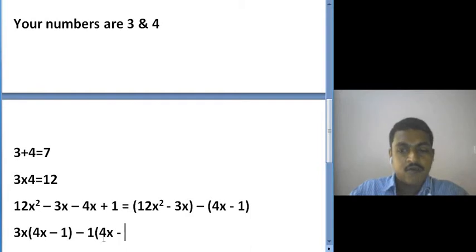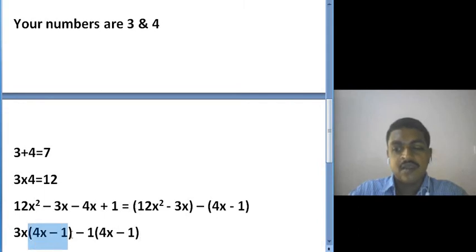Then the 1 inside the bracket here is divided by the 1 outside the bracket. So you get 1. So far you have got your answer to be 3x times 4x minus 1 minus 1 times 4x minus 1. But you might note that this 4x minus 1 next to 3x and the 4x minus 1 next to minus 1 are same.